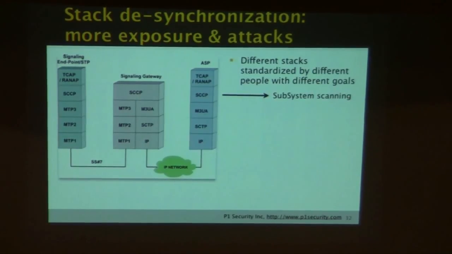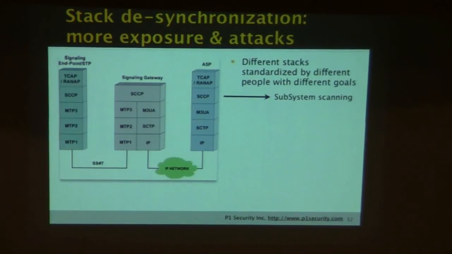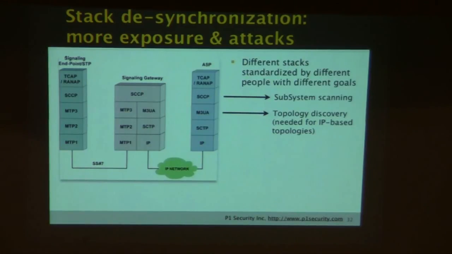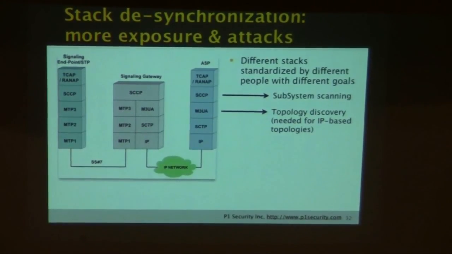Basically, since you don't have the exact same mapping between two stacks, you can abuse one stack level or one stack state in one level and then the other to inject and basically discover topology, which is going to be used later to inject, for example, sessionless data. So that's a little bit tricky.